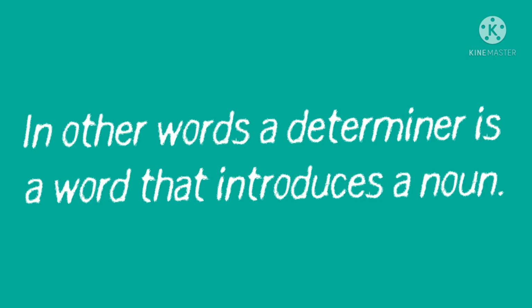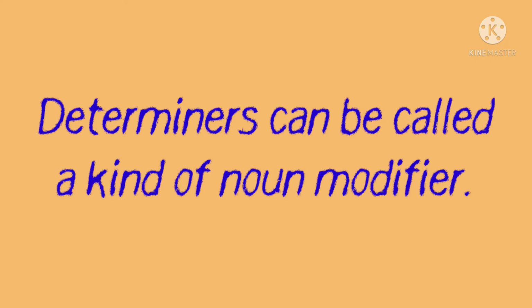For example, if we say boy and if we say a boy, you see we have used another thing, that is a. That a can be called a determiner as it introduces the noun boy here. In another sense, determiners can be called a kind of noun modifier. That means it modifies a noun.